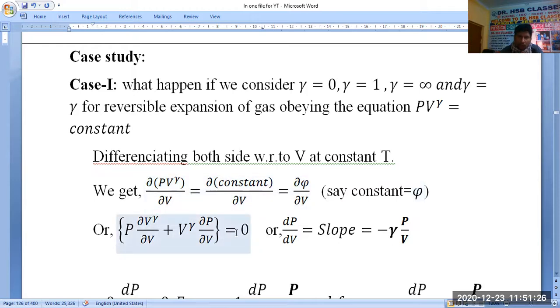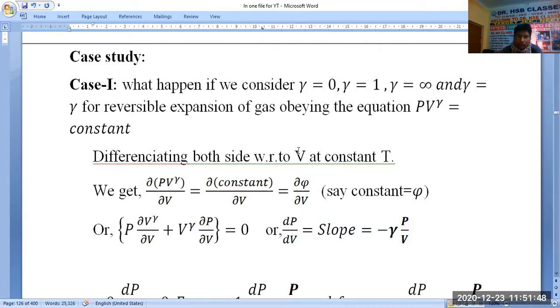Then the derivative, with P constant, d V to the power gamma by dV, plus V to the power gamma, with constant, dP by dV equal to 0. Then dP by dV is actually the slope.